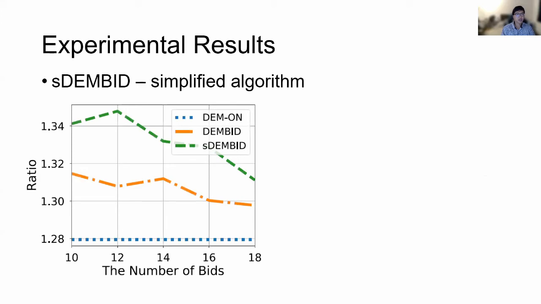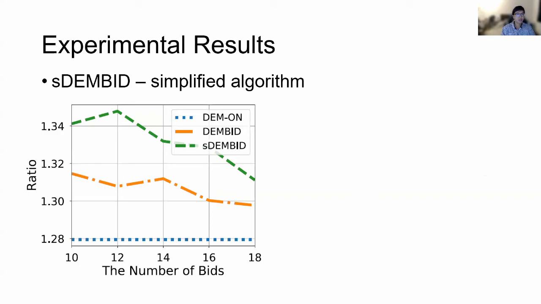And each data point here corresponds to the average competitive ratio over 365 days. First, we notice that dem on, the blue line, does not change whatsoever, and this is because, of course, it isn't using bids at all.